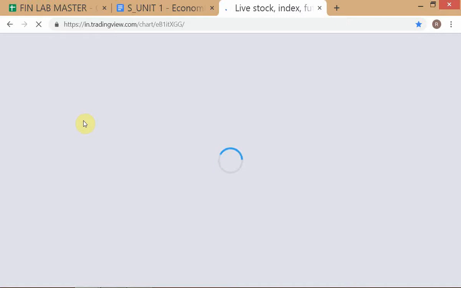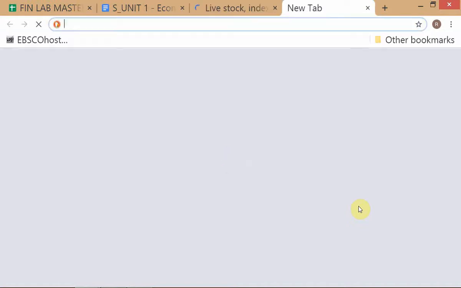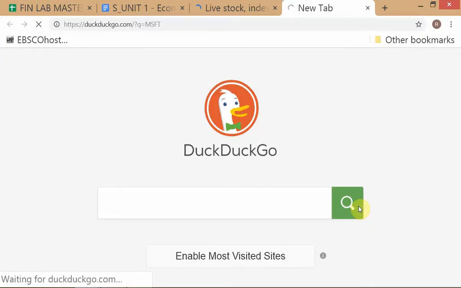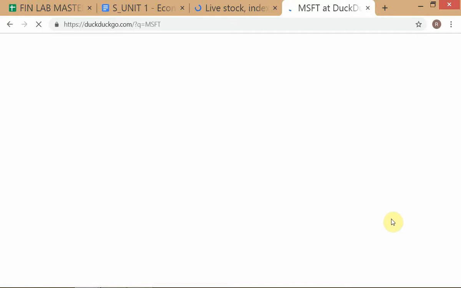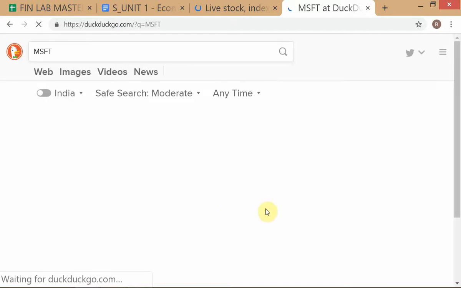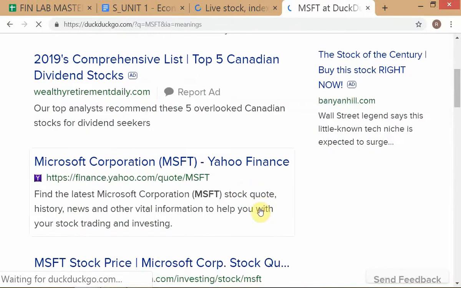If you see the price of any stock here, let's see what is coming up. You have the price of Microsoft's common stock.